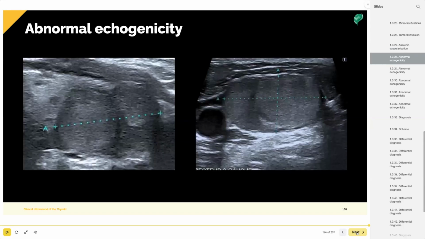This is abnormal echogenicity of a lymph node. It closely resembles a thyroid lobe, and this indicates malignancy.